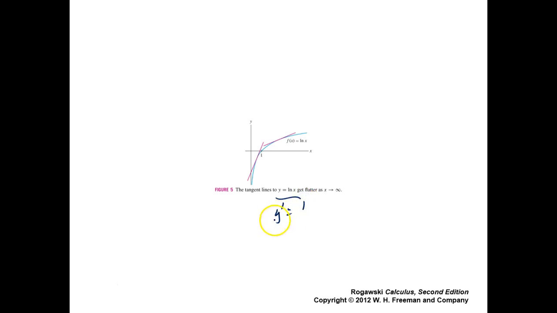1 over x. That's the derivative of the log function. And if x is always positive, which x can't ever be 0, of course, and log x is not defined for negative x, so x is always positive. So no matter how small it is, y prime is very positive.